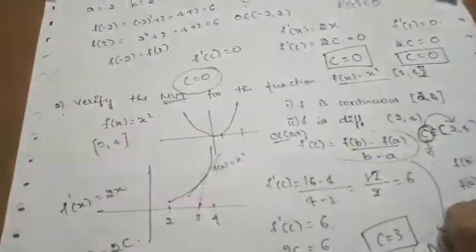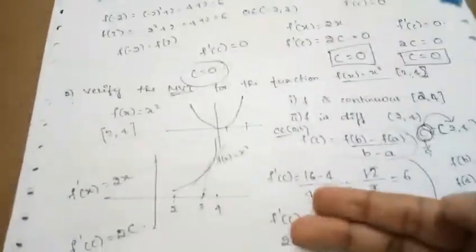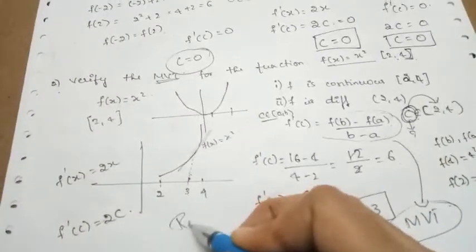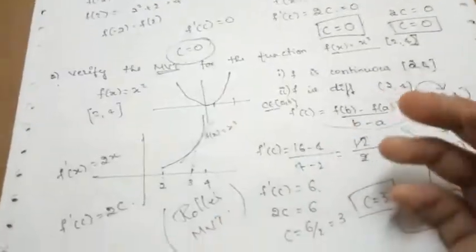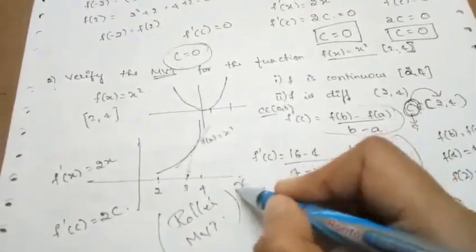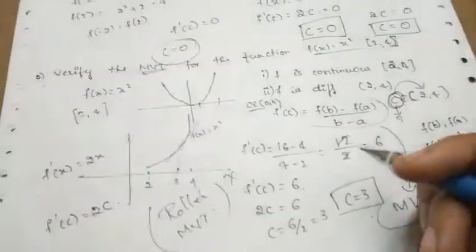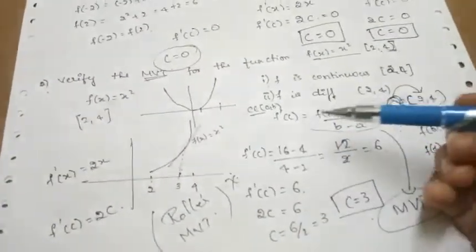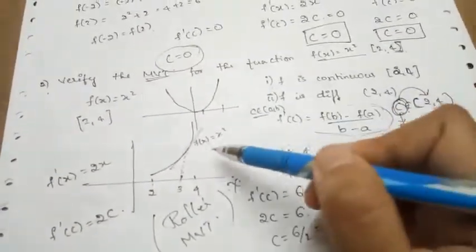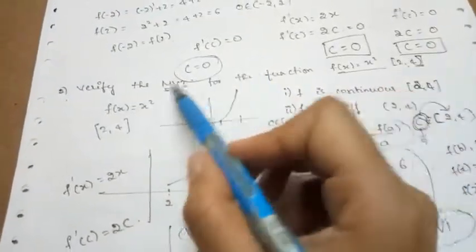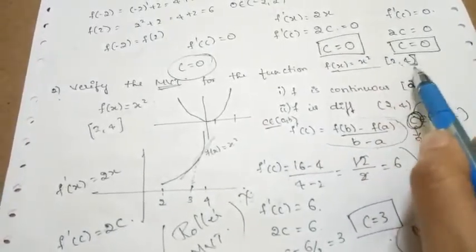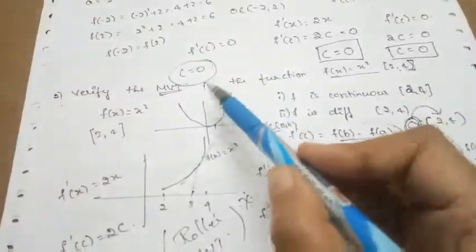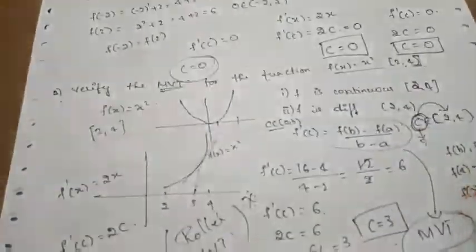So this is how we have verified Rolle's theorem in the previous example and the mean value theorem in this example. Go through the explanation of Rolle's theorem as well as the mean value theorem clearly. Understanding the statement of the theorem is very important, because they might ask a question like, state the mean value theorem and verify that the given function f of x is equal to x square on the interval 2 comma 4 satisfies it.